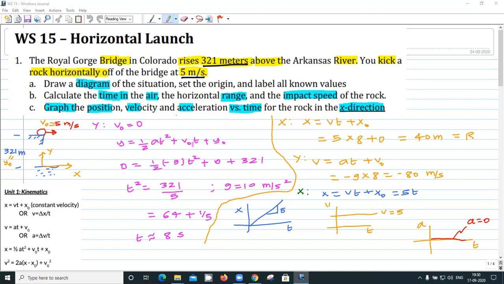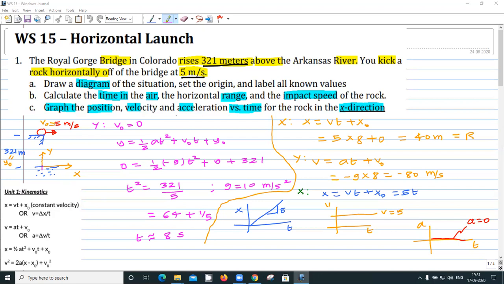And V naught is 0, so the second term is 0. And Y naught is how much? Origin of Y is at the river surface, so initially it's here.